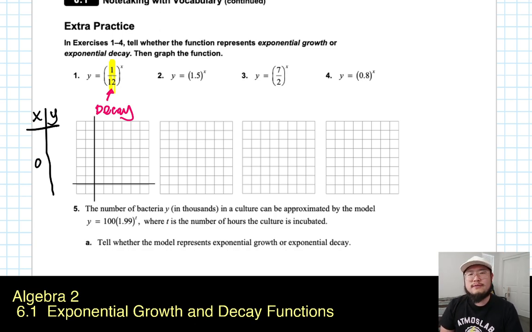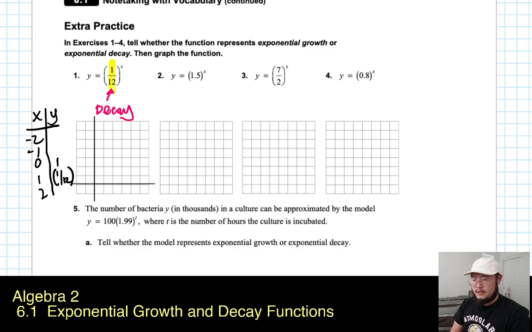We have 1/12 right here, and we'll raise that to the 0 power. Remember, there is a rule for that: when our base is raised to the 0 power, it equals 1. Okay, so let's repeat. We've got 1/12 to the first power. So 1, comma, 1 over 12. And remember, one of the points happened to be at 1, comma, b, and that's right there with 1 over 12.